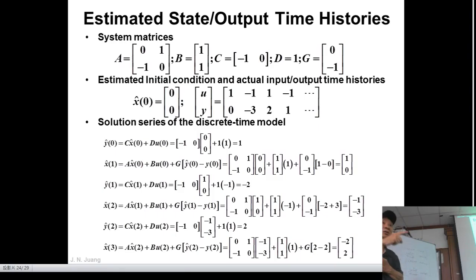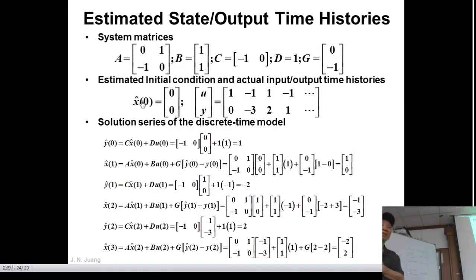So that's your homework 6B. It just asks you to do these kinds of steps, so that you have your own feeling. In your 6B, you can use any x hat 0 there.